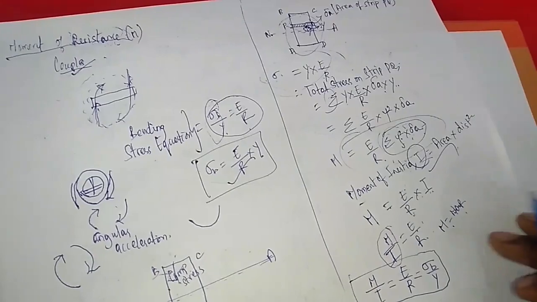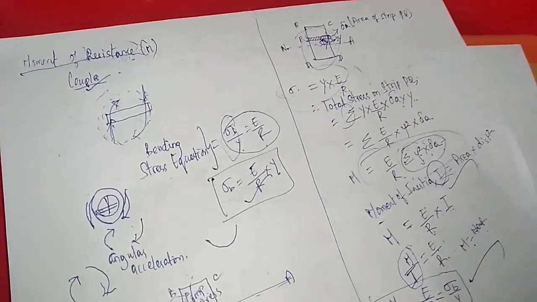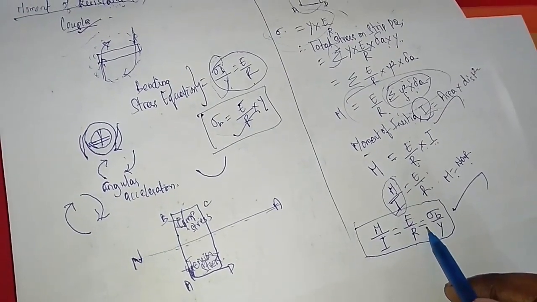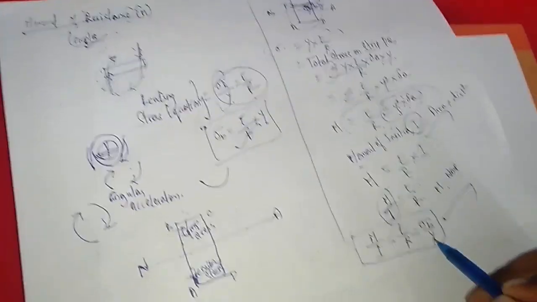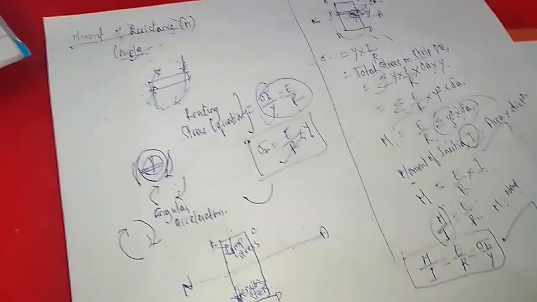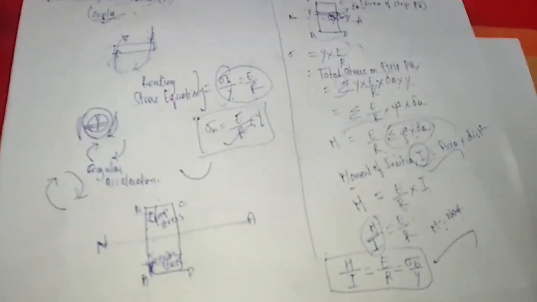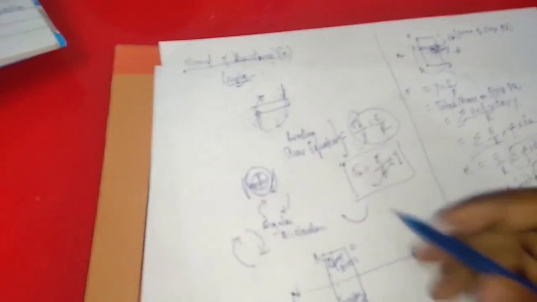So this equation, M by I is equal to E by R is equal to sigma B by Y, is the most important equation in the theory of simple bending, the equation for moment of resistance.